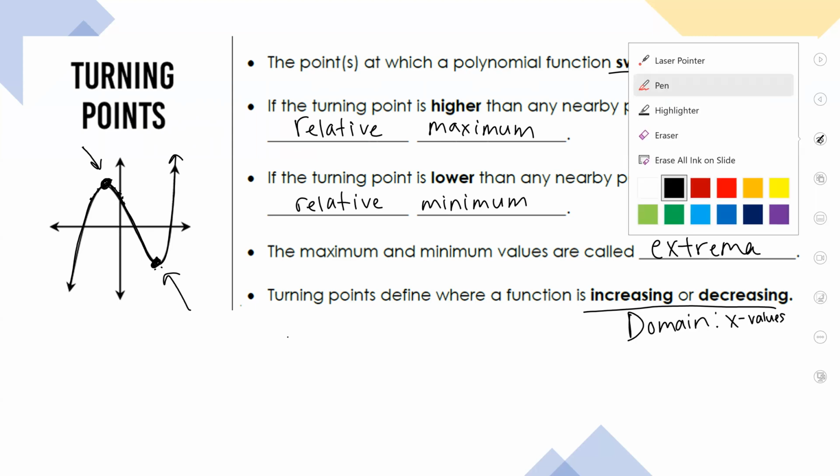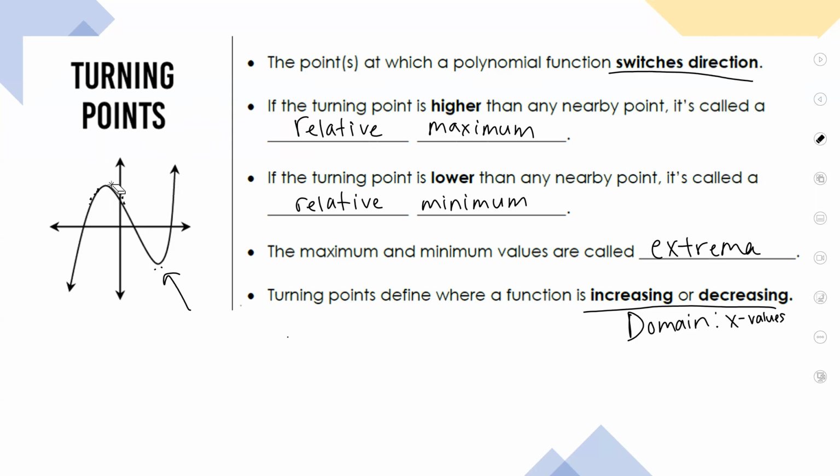I want you guys to write this down. Let's label this first turning point. Let's say that that first point is at -1, 3. And let's label this turning point as 3, -3.